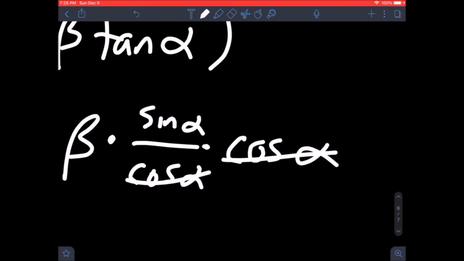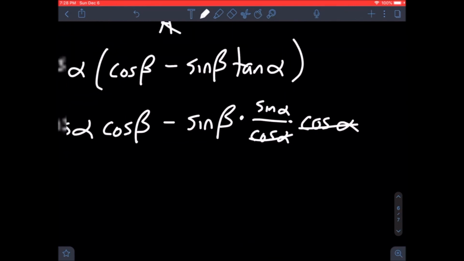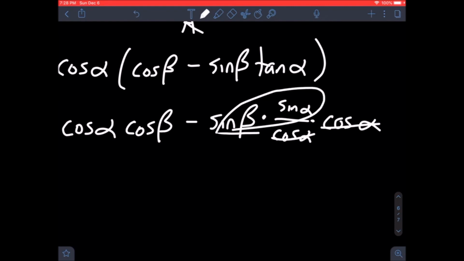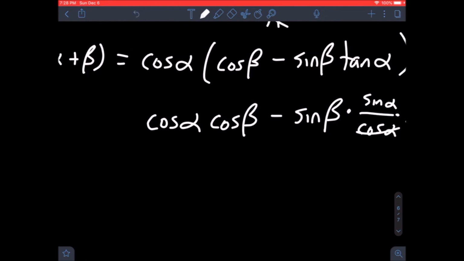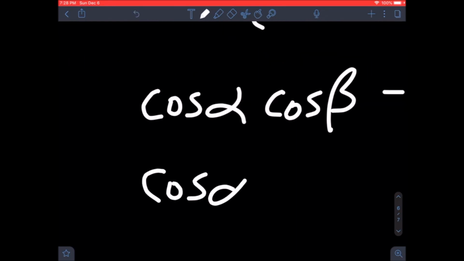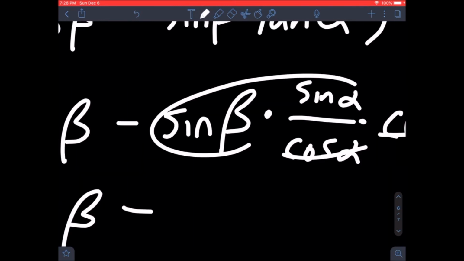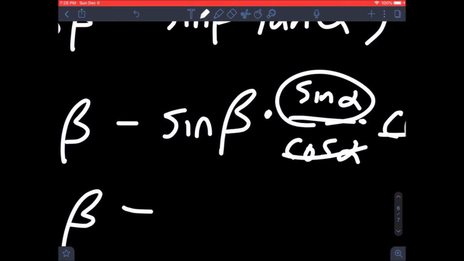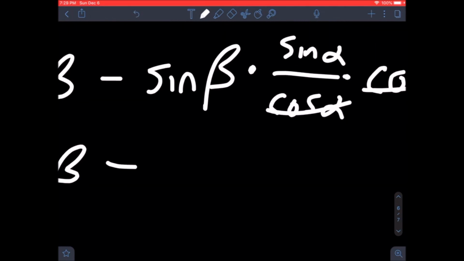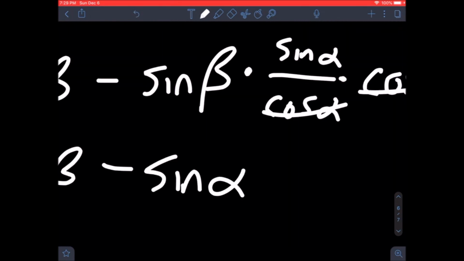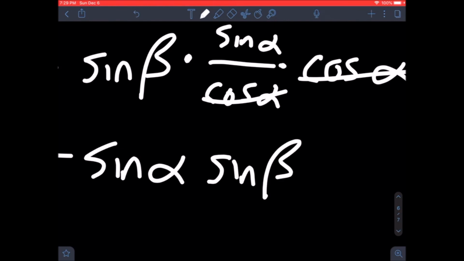The cosines of alpha cancel out, and that leaves us with just this. We're left with the cosine of alpha times the cosine of beta, minus, and we can flip this around, sine alpha times the sine of beta.